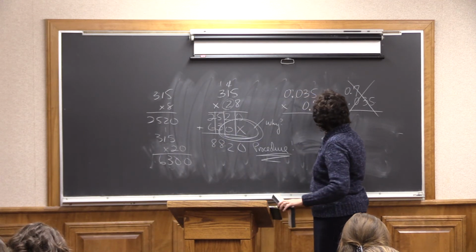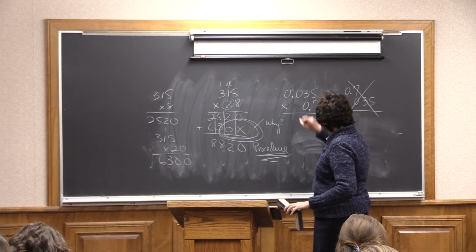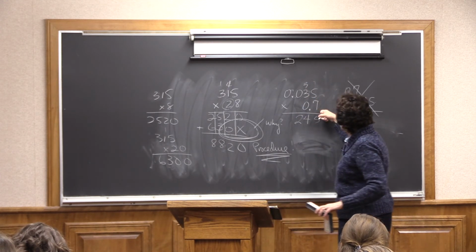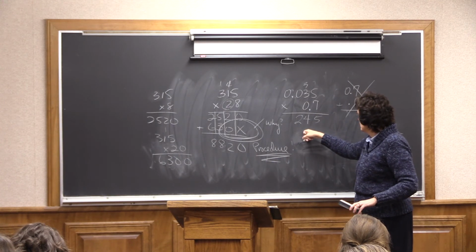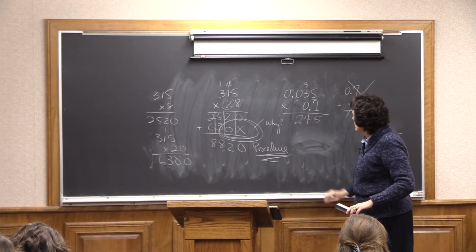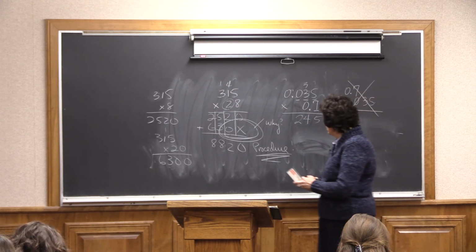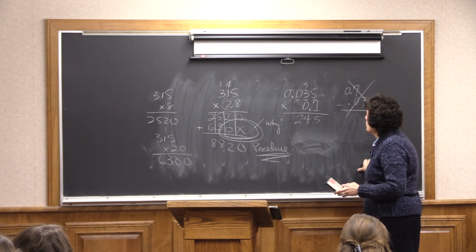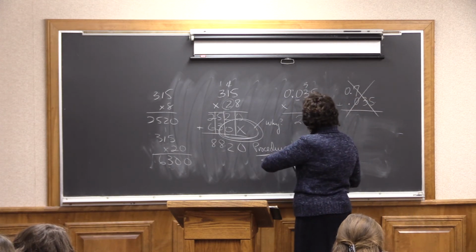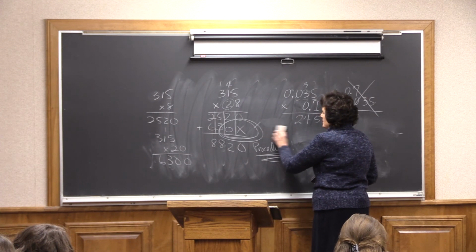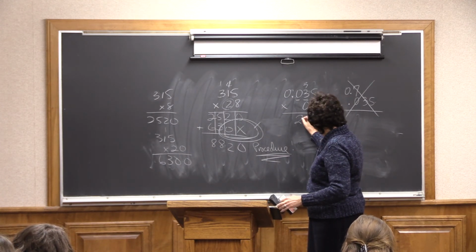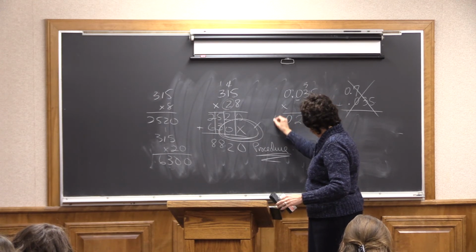Remember, when we do this, we are going to, 35, carry the 3. There are 4 decimal places in the problem, so I have to have 4 decimal places in the answer. 1, 2, 3, hold the 0.